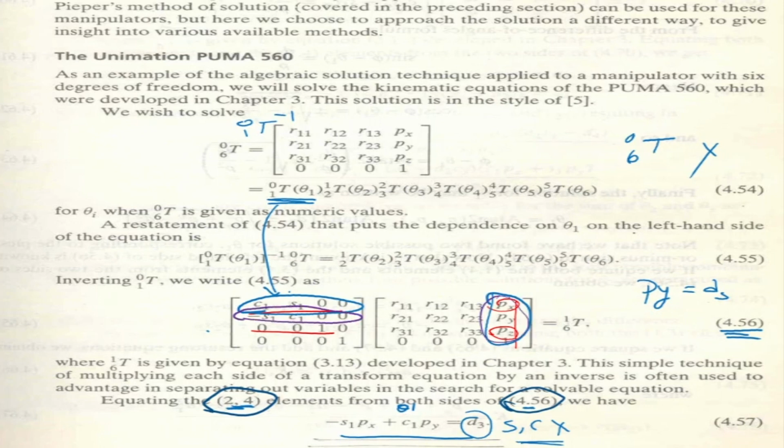Equating the left hand side and the right hand side of 1, 4 and of 3, 4, we get two equations, which we are obtaining here. So this is one equation, that's another equation.